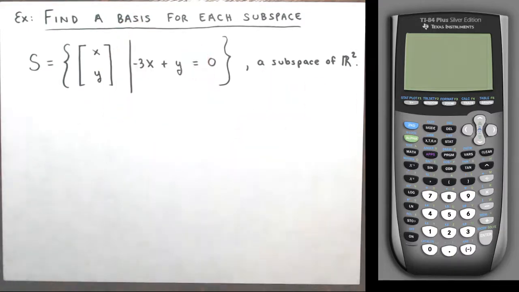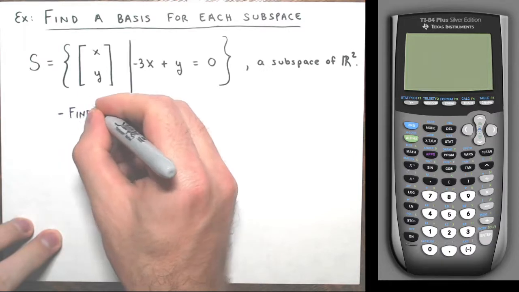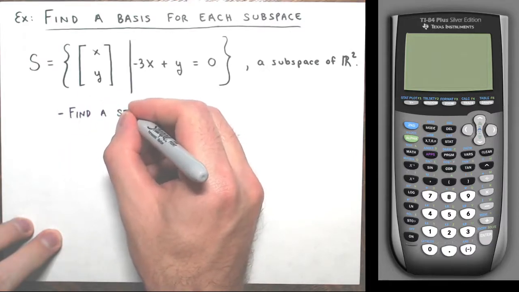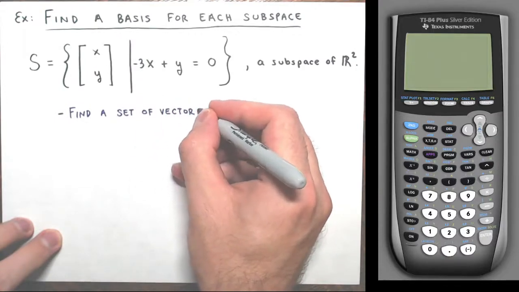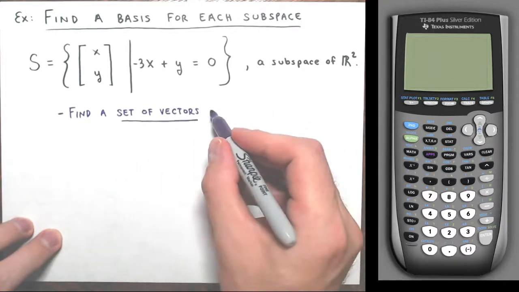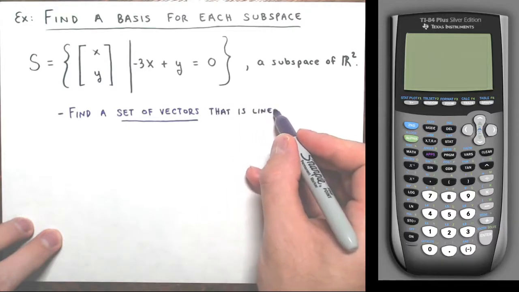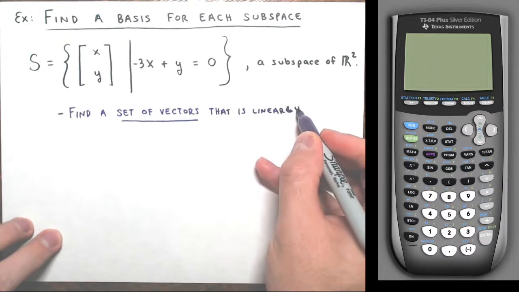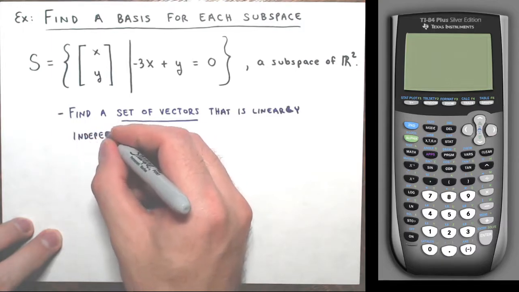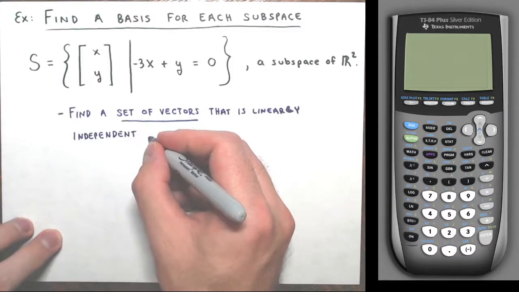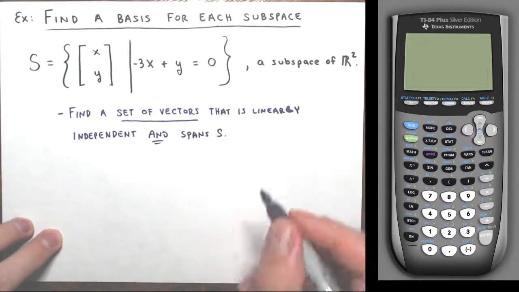So again, what we're trying to do here is find a basis. In other words, as I said earlier, we're trying to find a set of vectors that is linearly independent and spans S. I'm assuming you know what these mean.